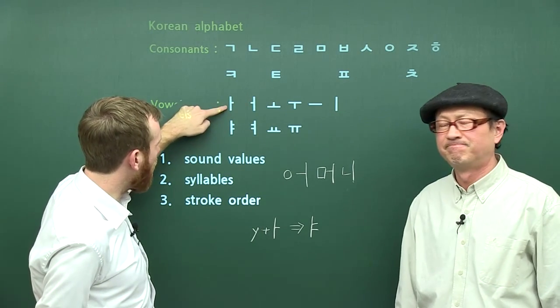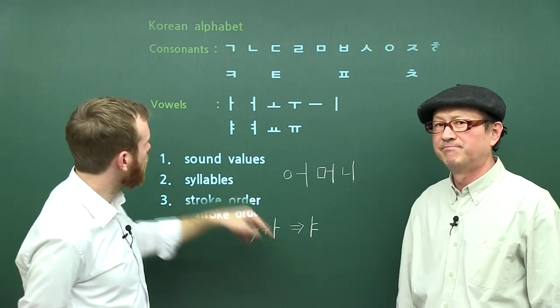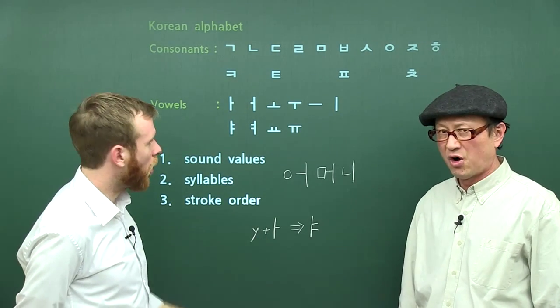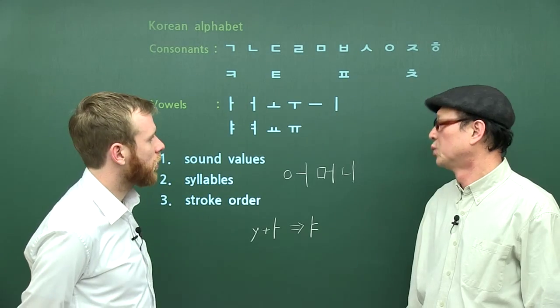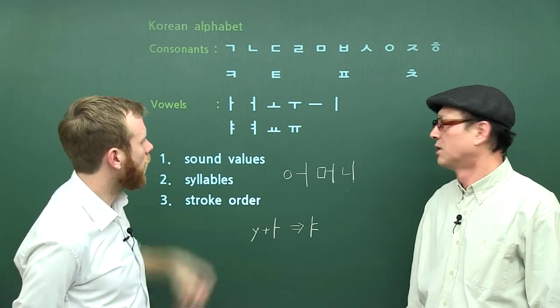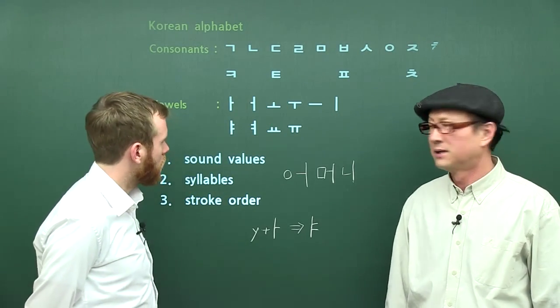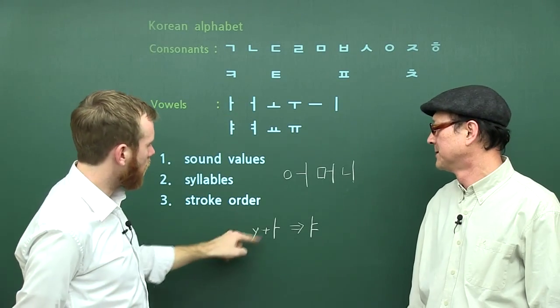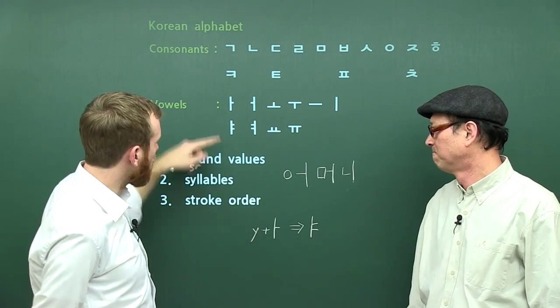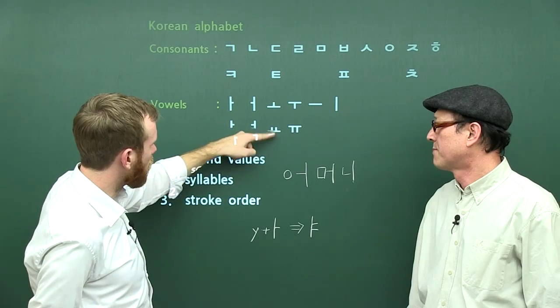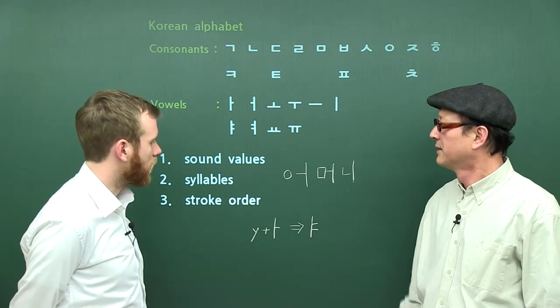So A becomes ya, 야, O becomes yo, 여, O becomes 요, and U becomes 유. So like I said, it's just like adding a Y. So it's an extra stroke here. We see one extra stroke, one extra stroke, one and one. That gives it the Y sound.